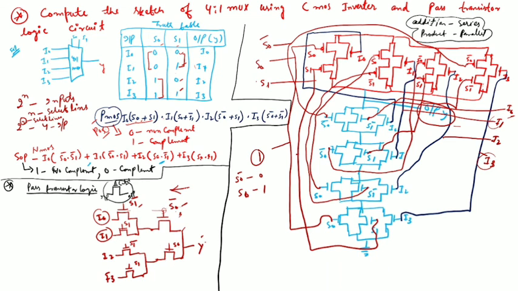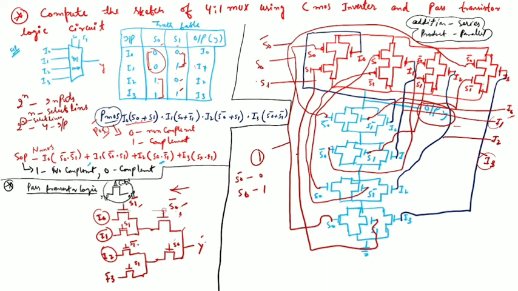So this part is explained. Now I am going to this part. When S0 is 1, only S0 and not S0 complement, and in the second select line S1 has 0, meaning S1 complement, it detects the I2 input.